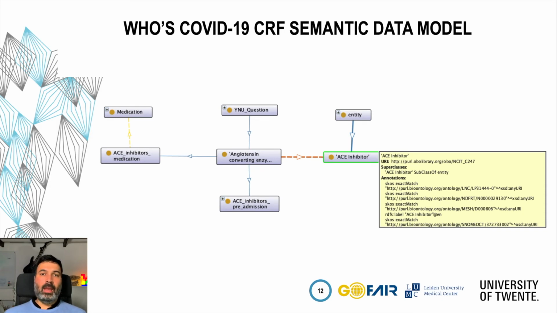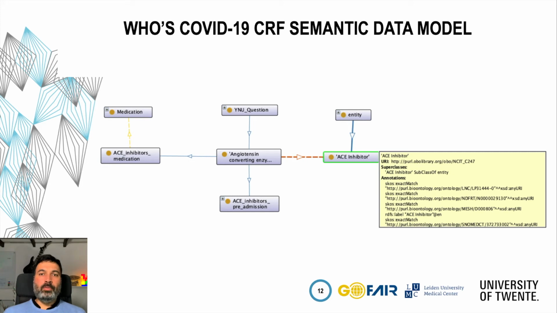In this slide, we have an example of how we model one question about whether the patient is using ACE inhibitors. As you can see, we model the question, which refers to the concept of ACE inhibitor as defined in NCIT.